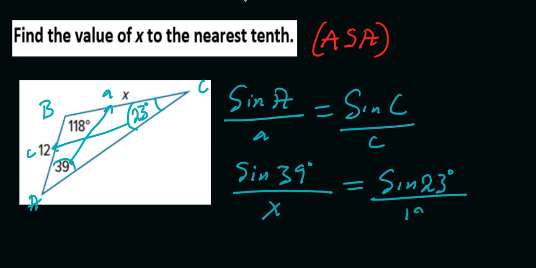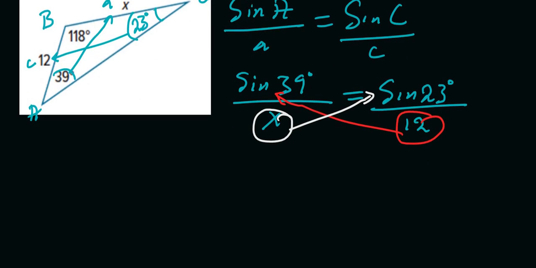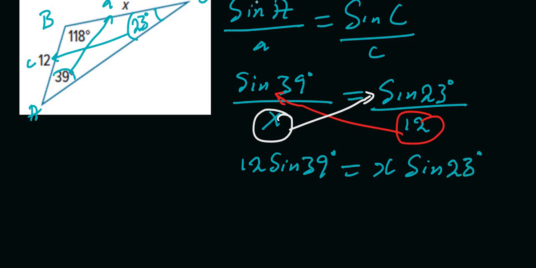At this point, we have to cross multiply. Use this to multiply the whole of this, and use this to multiply this. So when you do that, the equation becomes 12 sine 39 degrees equals x sine 23 degrees.